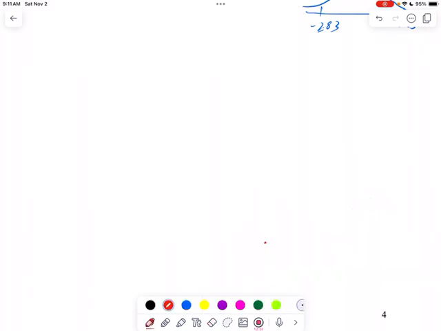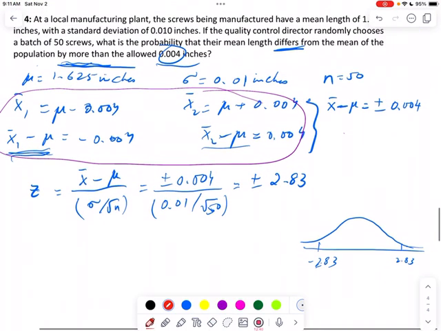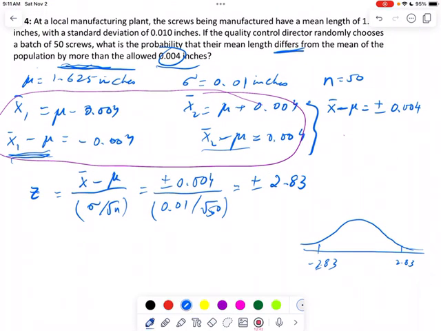So we were looking for these areas. So the probability that Z is less than negative 2.83, or Z is greater than 2.83.